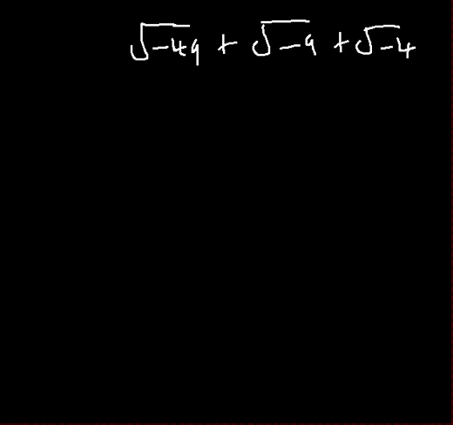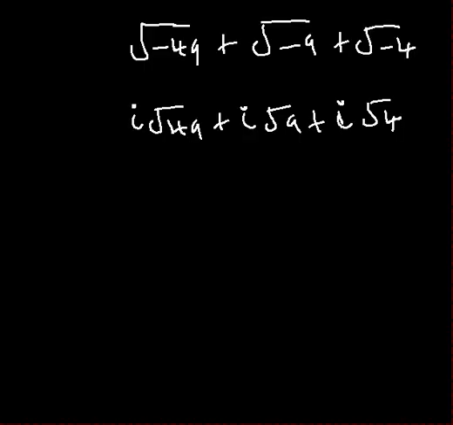First, we should understand that this is the same as i times the square root of 49, plus i times the square root of 9, plus i times the square root of 4. This is the same as 7i plus 3i plus 2i, and from there we can add these terms.